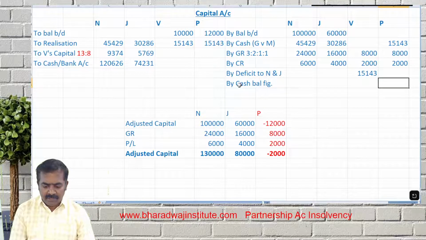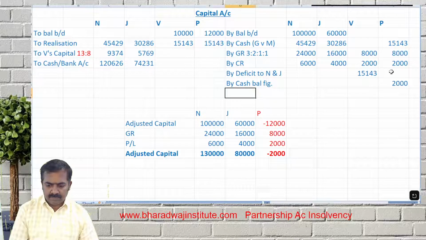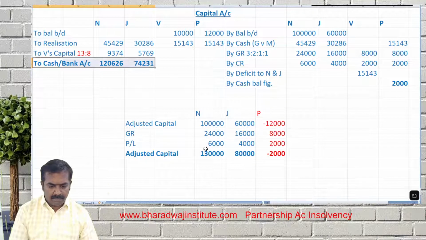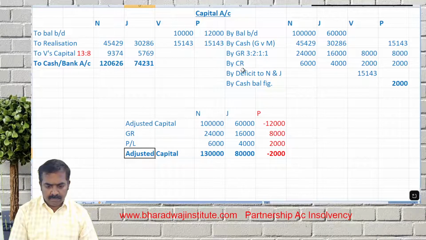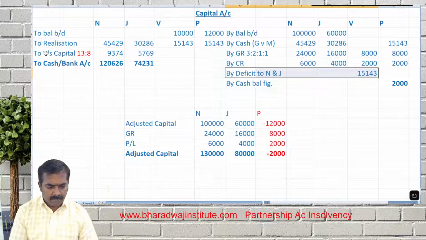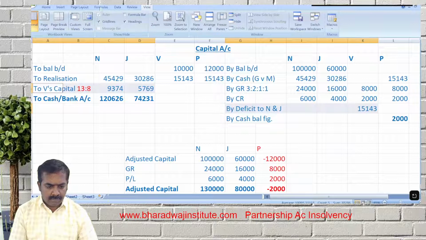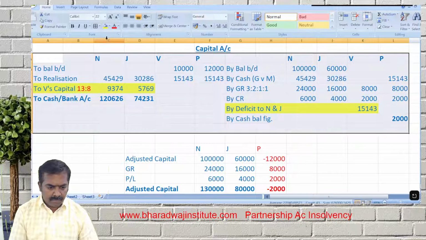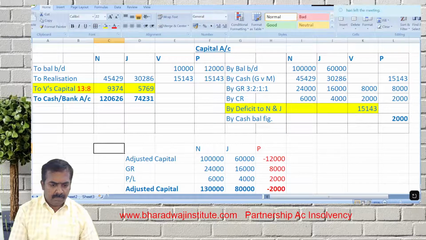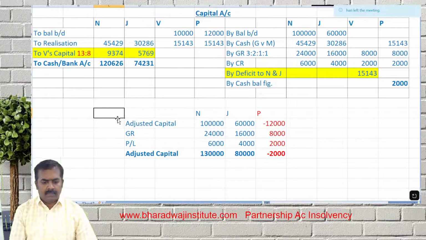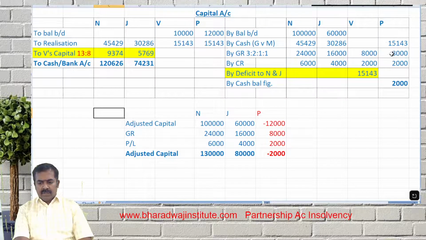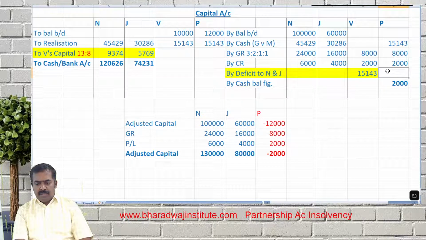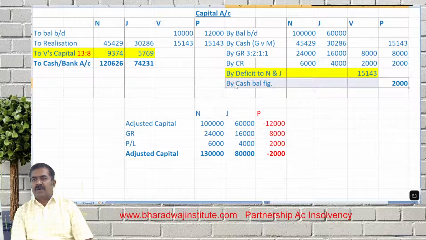You put it into the deficit balance, 2,000. See, P already brought money of 15,143, but because of the debit balance there will be a shortage of 2,000 rupees more.